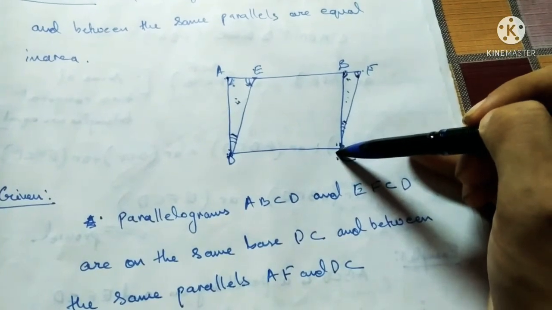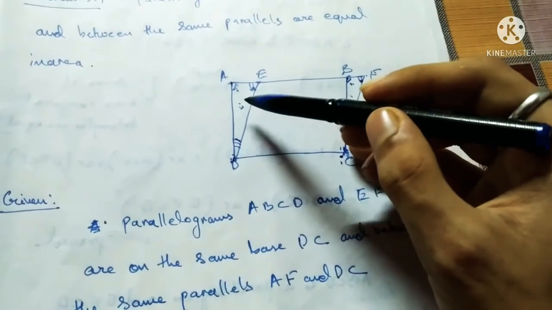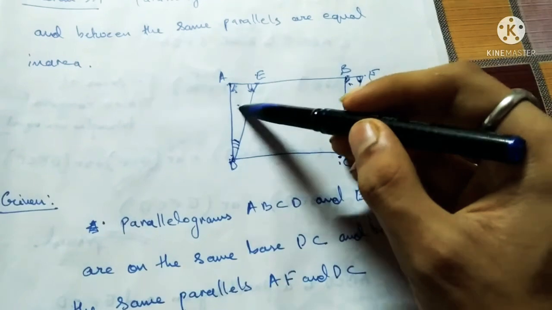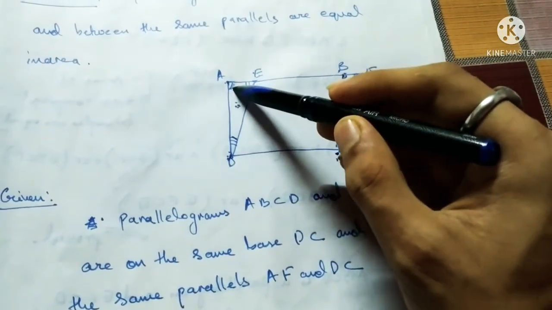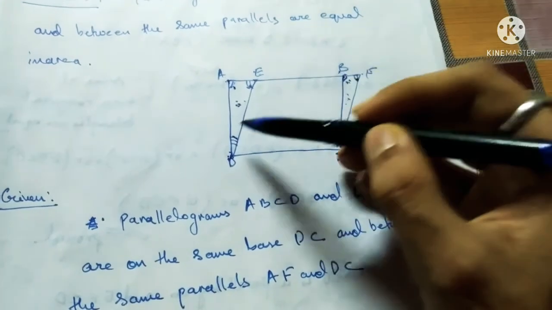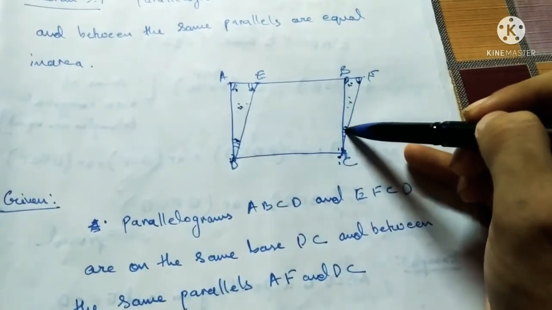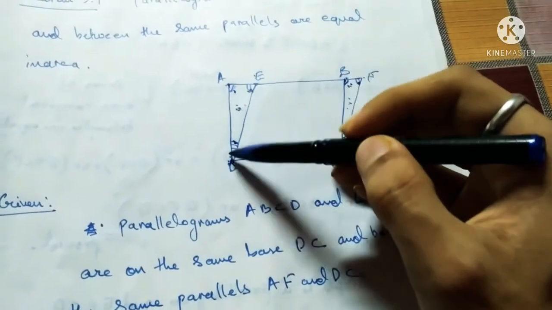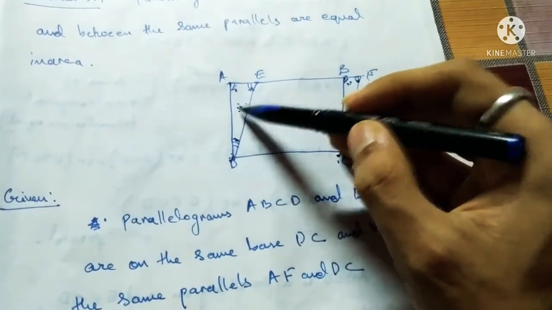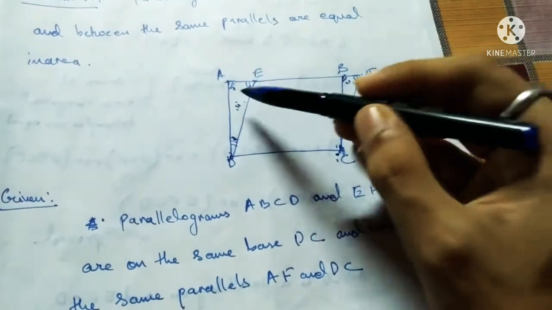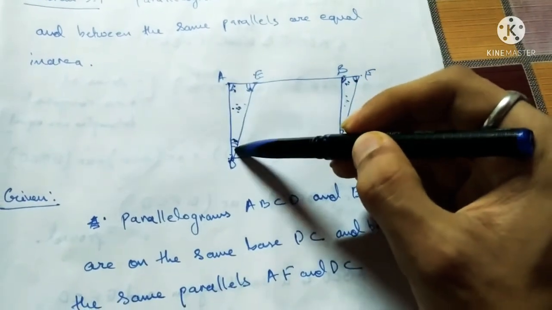Now in these two triangles, this angle is equal to this angle, this angle is equal to this angle, and this side is equal to this side. Therefore these two triangles are congruent by angle side angle congruency.